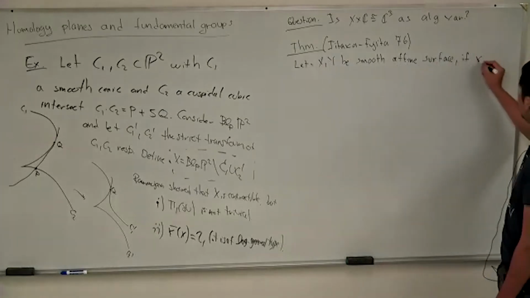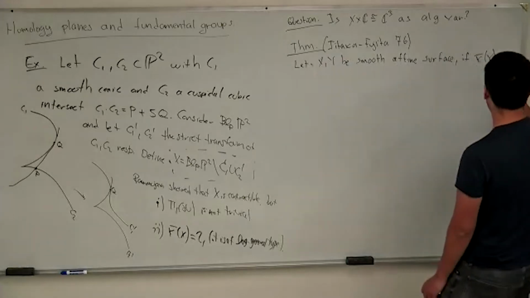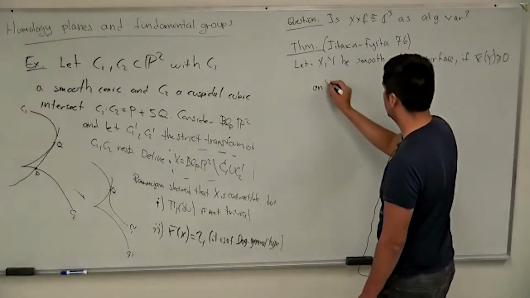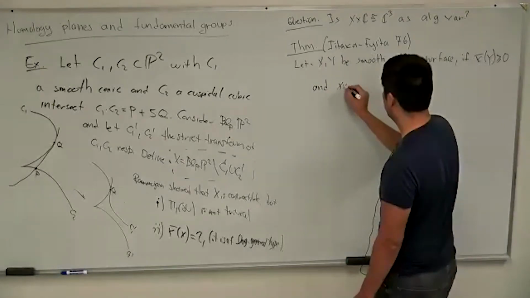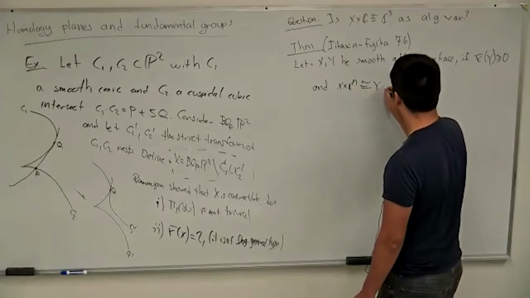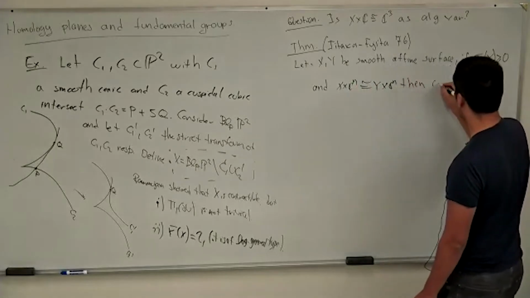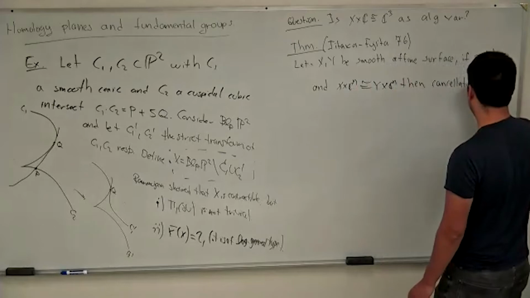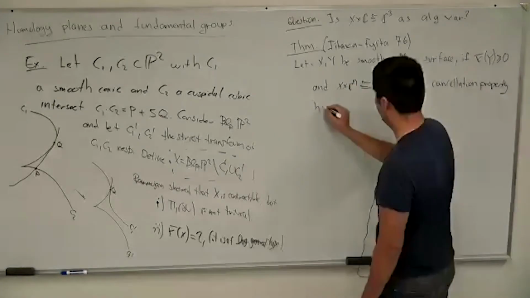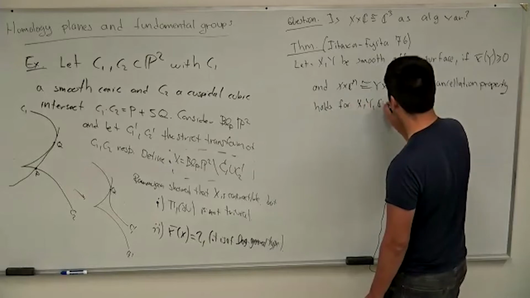Then, if the logarithmic Kodaira dimension of Y is bigger than 0, and we have an isomorphism of X times Cn and Y times Cn, then the cancellation property holds for X, Y, and Cn.